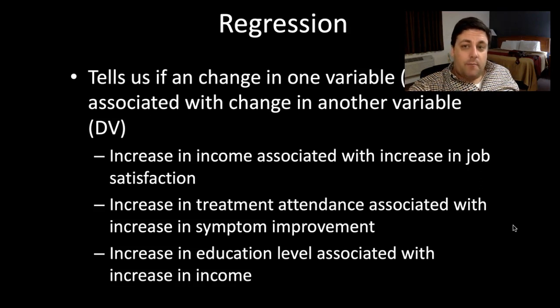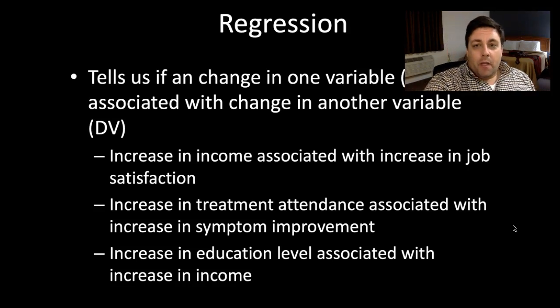But there are certainly times when an increase in one variable could be associated with a decrease in another variable. I'll give you an example. So oftentimes in my research, what I see is that an increase in, say, alcohol use or alcohol dependence is associated with a decrease in, say, the quality of a relationship or a person's performance at work.